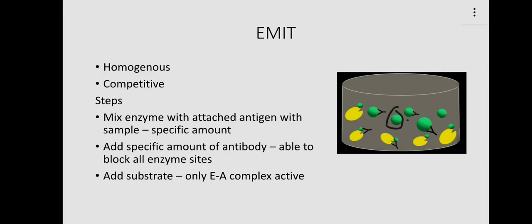This is followed by addition of the antibody. So once the antibody is added, it can bind to either the analyte bound to the enzyme, in which case that binding blocks the active site of that particular enzyme molecule, or it can bind to the free sample analyte.